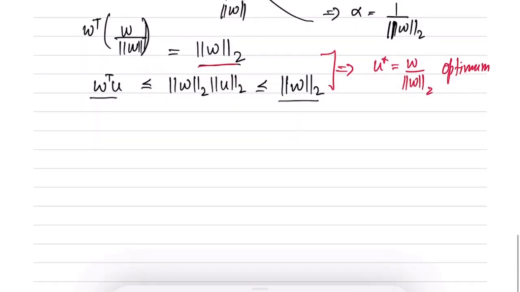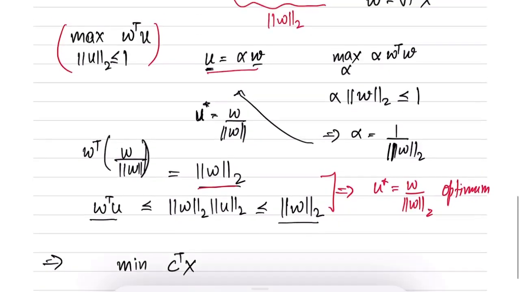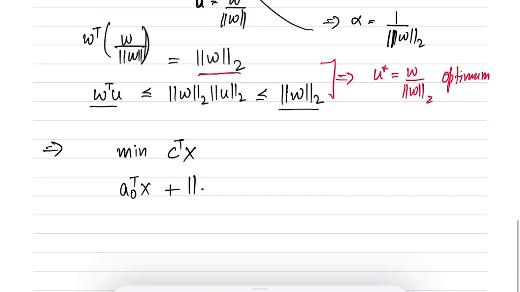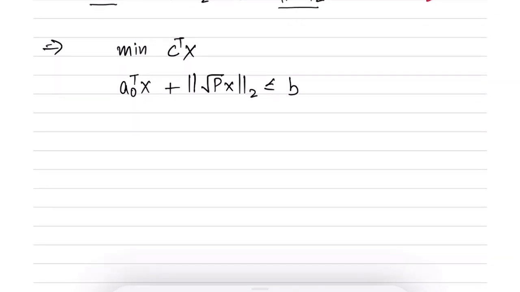Substituting it, our original problem becomes: minimize C transpose x subject to A naught transpose x plus norm of w less than or equal to b. W was square root p times x, so norm of square root p times x. This is our original problem, and you can appreciate that this is indeed an SOCP.